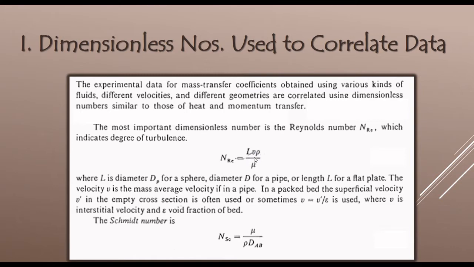Now, dependent again on the geometry of the solid wherein our fluid is going to pass through, we have another dimensionless number here, which is the Schmidt number. It's also dependent on viscosity and density, but aside from that, it's also using the molar diffusivity, dependent on the kind of material that is going to diffuse through our fluid that is flowing on the specific geometry that is stated in the problem.